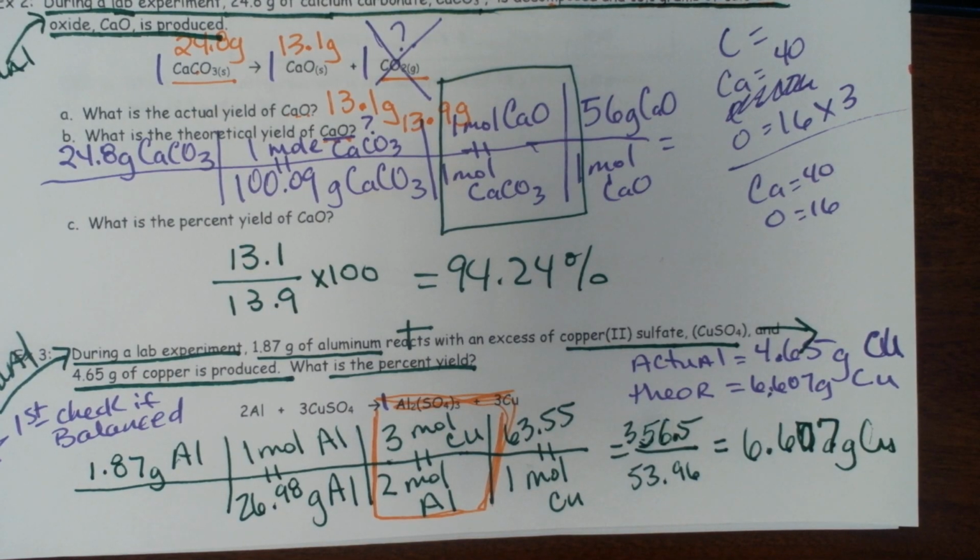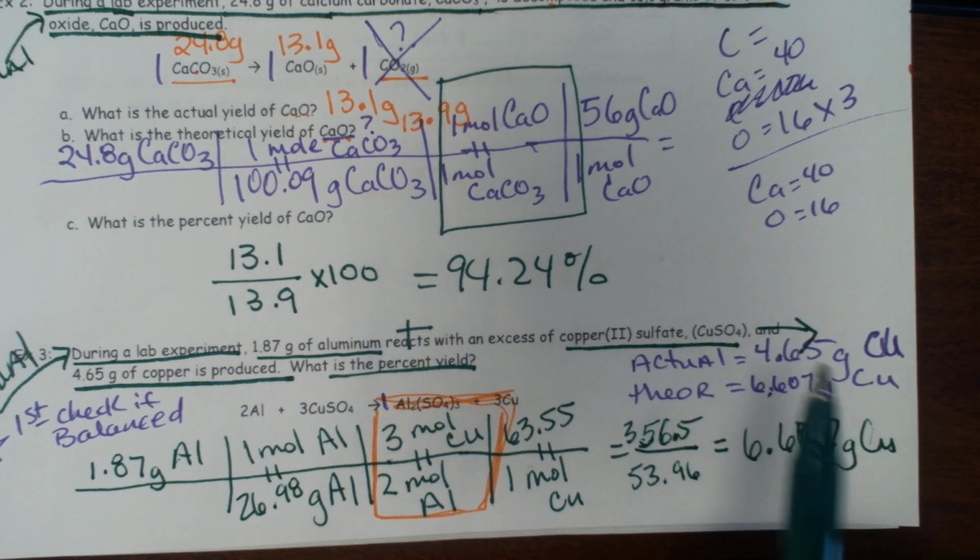The answer's still the same. I put 356.5 divided by 53.96 and got 6.607. He said it wrong, but he typed it in right.